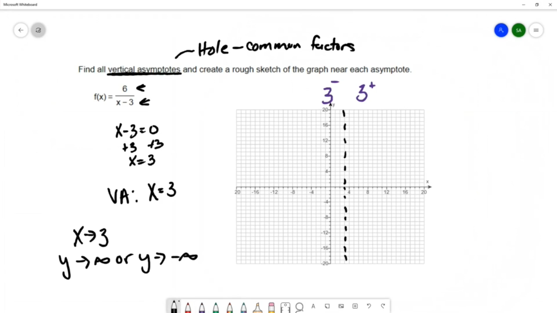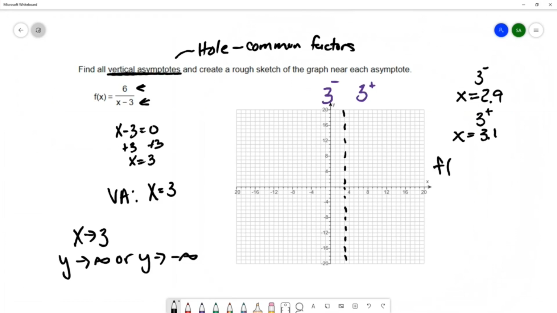So I'm going to pick something that is less than 3, which I'm going to choose 2.9. That's something that is just a little bit less than 3. And I'll pick, for something that's a little bit more than 3, I'll pick 3.1. And we're going to plug that into our function.